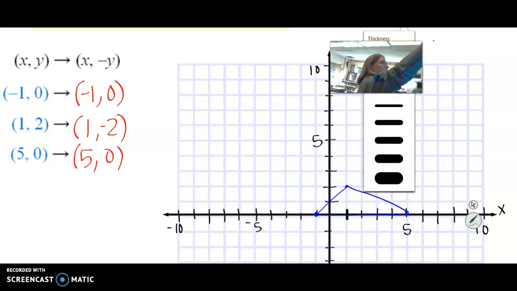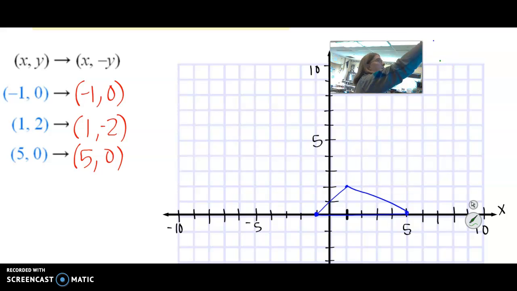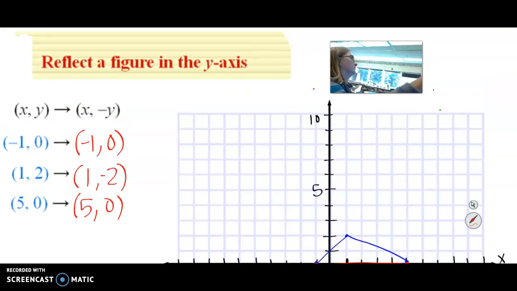Then let's do the red points: -1, 0, 1, -2, and then 5, 0.